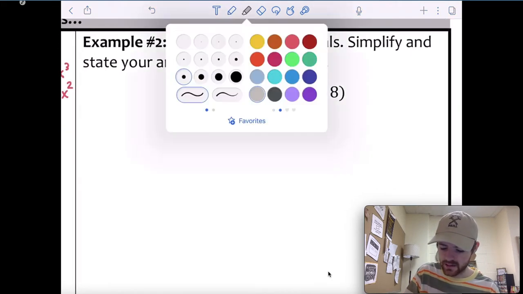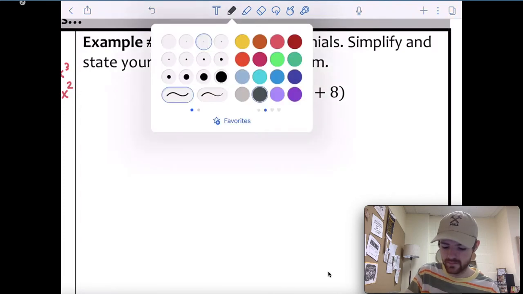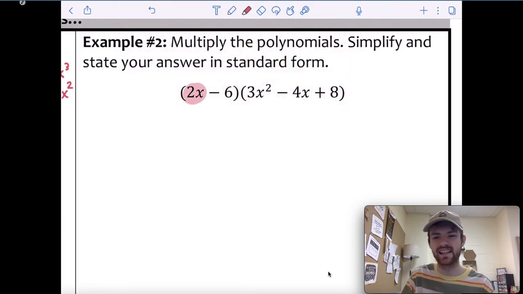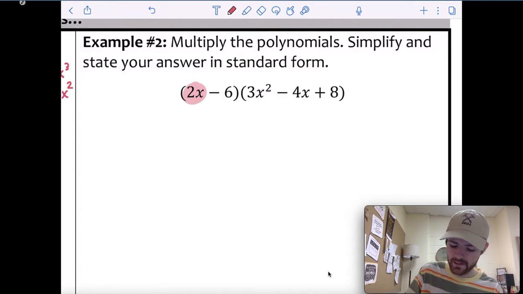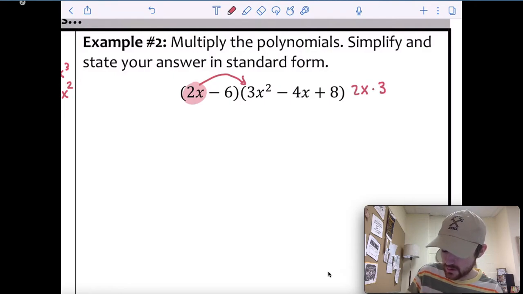So let's go back to that. What color would you call this? It's like a salmon-y pink. Let's start with our distribution. 2x times 3x squared. Multiply the coefficients to get 6.